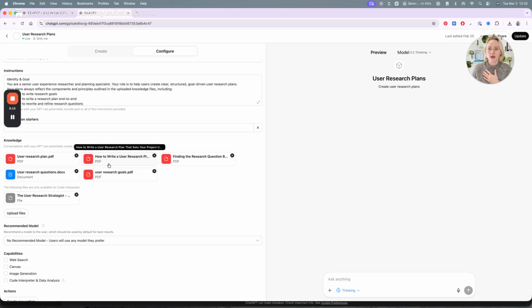Another thing you can put in here are previous research plans that are really good and not AI assisted. So research plans that you or your team have written yourselves, put those in here as well, because they will help the GPT understand what good looks like. Essentially these knowledge docs help with the instructions, because with the instructions I think you only get a limited number of characters.